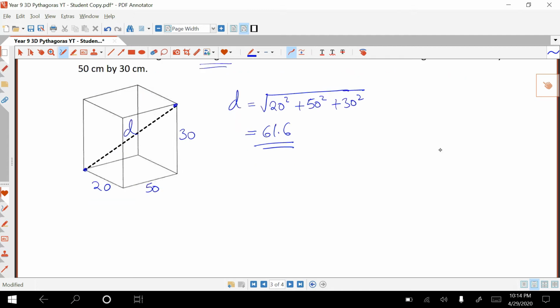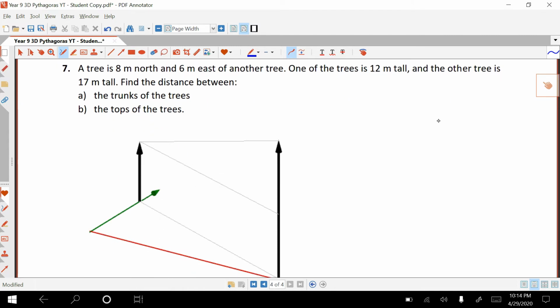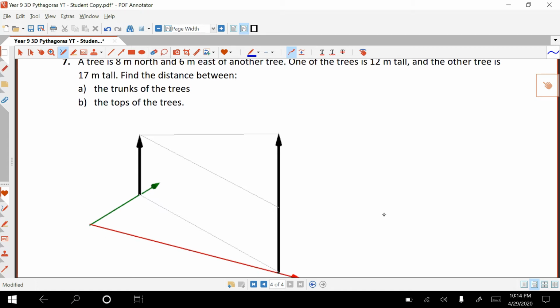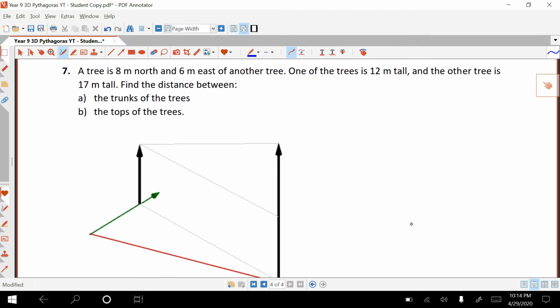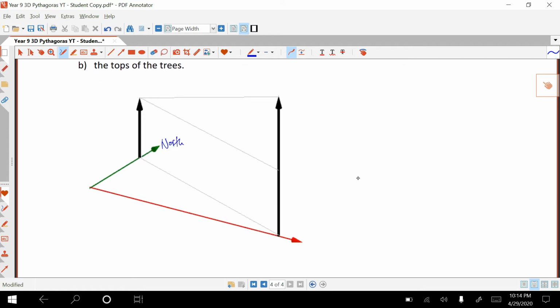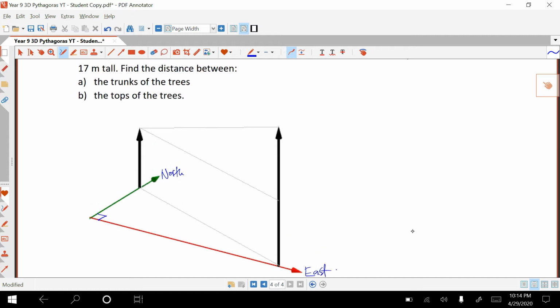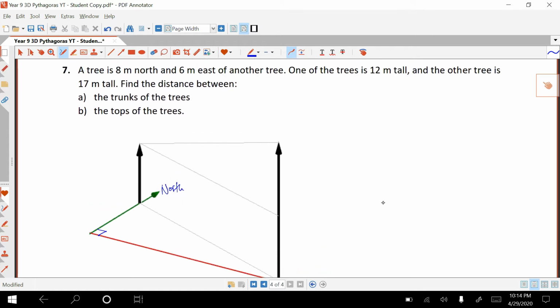Okay, moving on. Example 7. So here we have a tree 8 meters north. So let this be north and let this be east. First of all, we know that north and east are perpendicular, so that should be 90 degrees if you remember compasses.